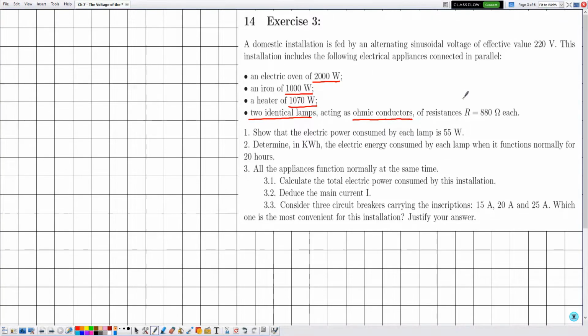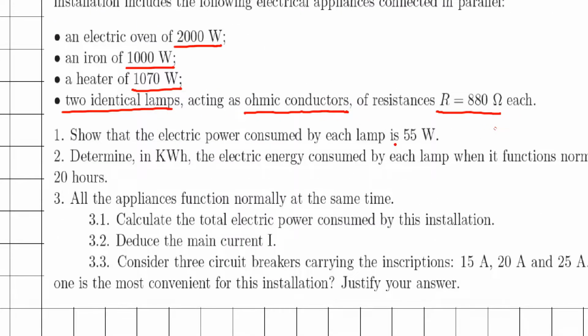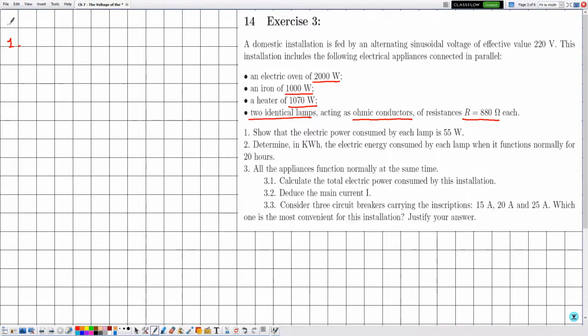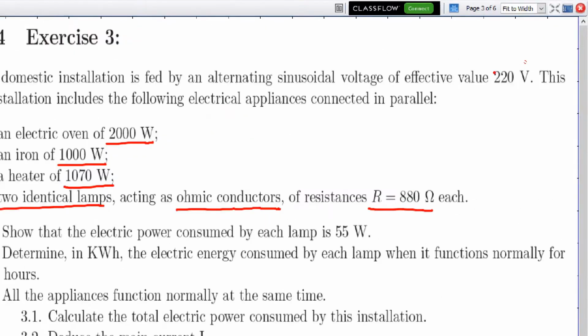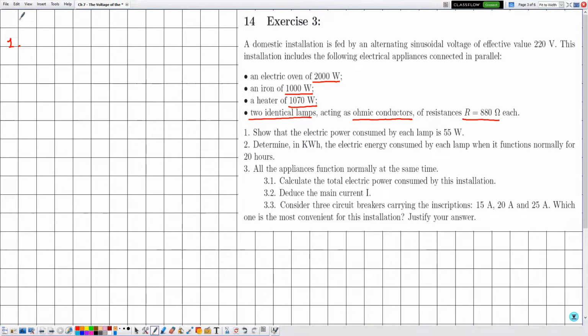So what is meant by ohmic conductor? We can apply Ohm's law, with resistance R equal to 880 ohms. Number 1, they are telling me show that the electric power consumed by each lamp is given by 55 watts. So here, the effective value is given by 220 volts.